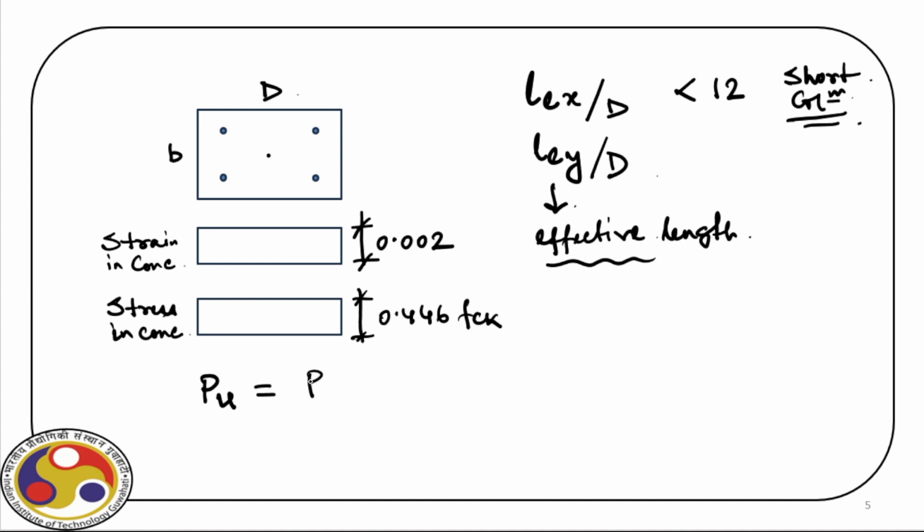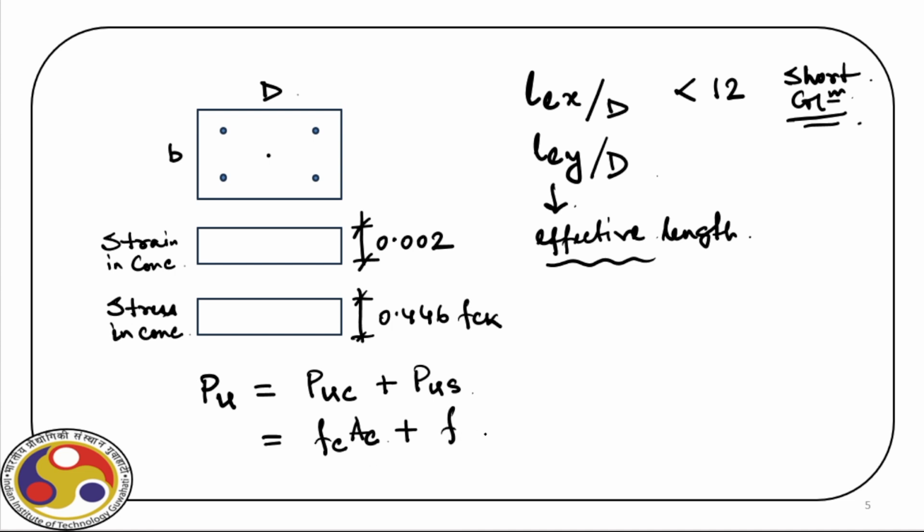It will have contribution from concrete and steel. Now for concrete, the design stress is Fc times the cross-sectional area of the concrete is the force resisted by the concrete section.